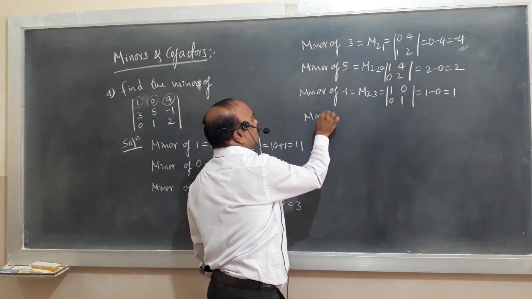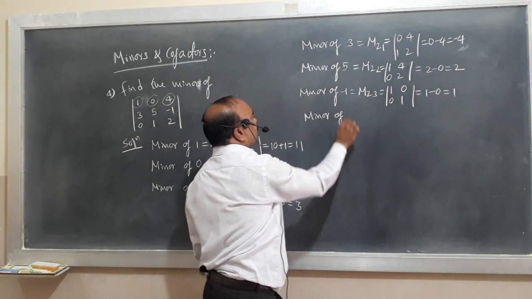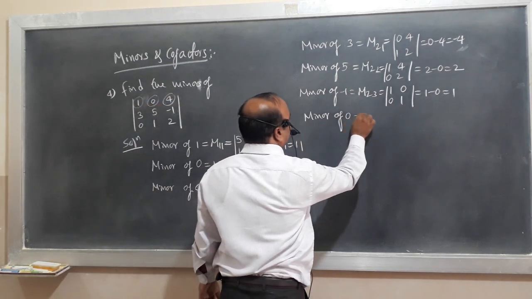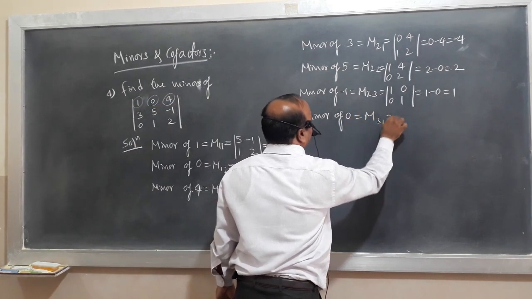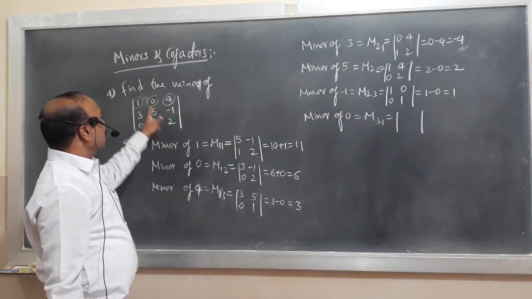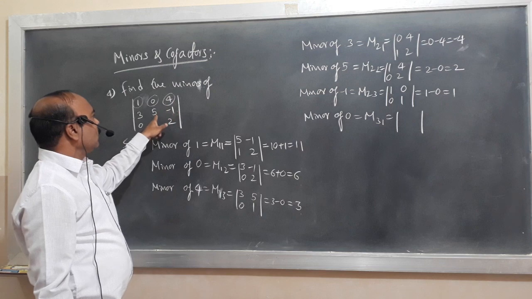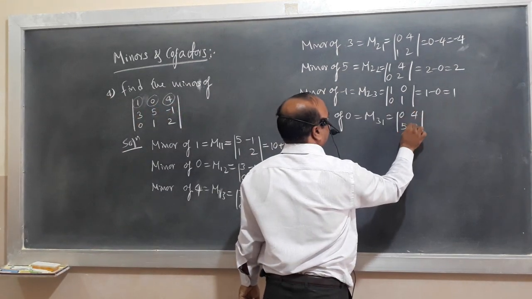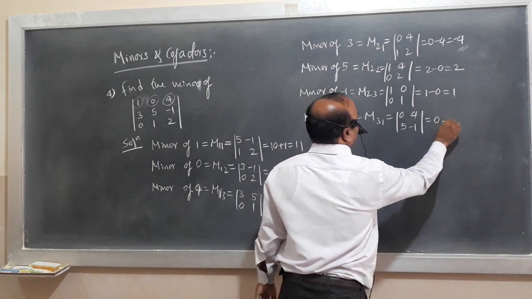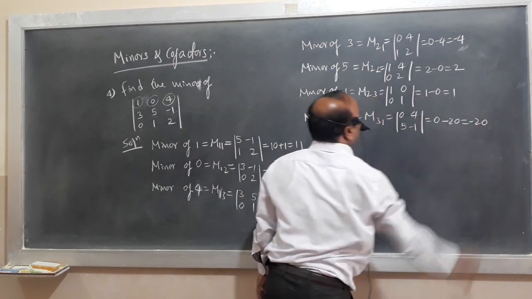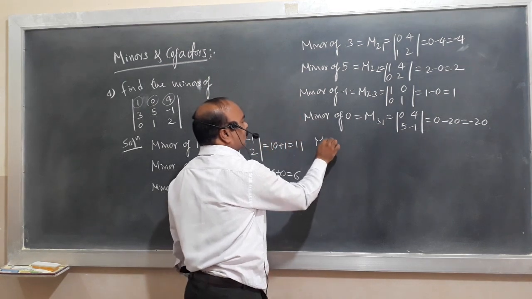Next, minor of the third row element, that is 0, it is M31, and deleting this row and this column, we get 0, 4, 5, minus 1. So the answer is 0 minus 20, it is equal to minus 20.